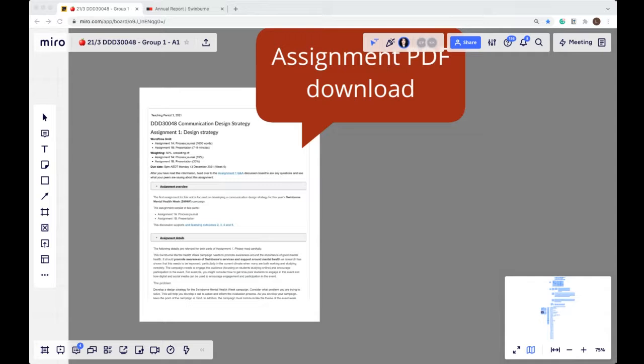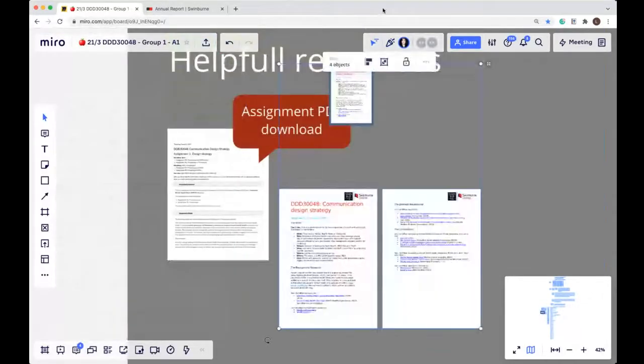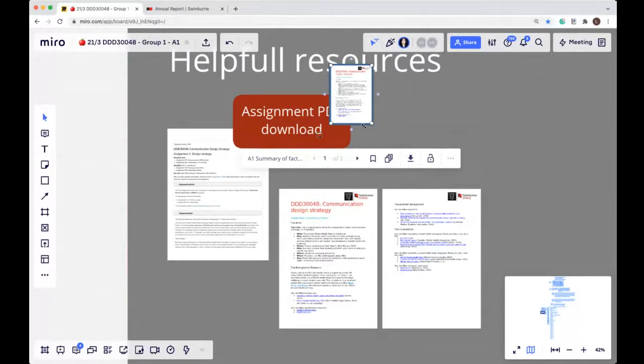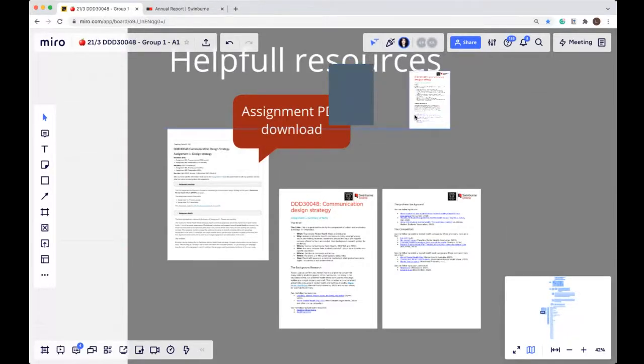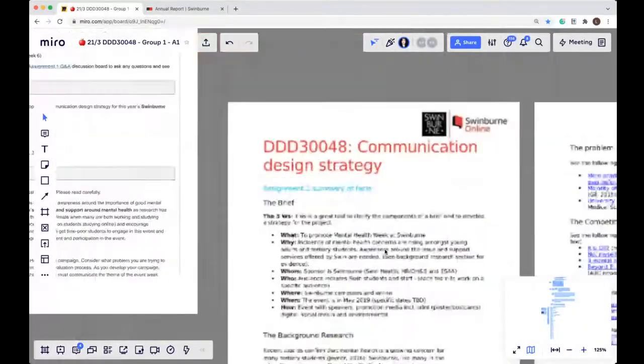Yep, here we go. So this is just in the assignment, so you can download it there. Actually, I'll copy it. You should be able to download it from here as well. And this is the summary of facts, and that has information on it that would be really useful, including some of those links, I think.